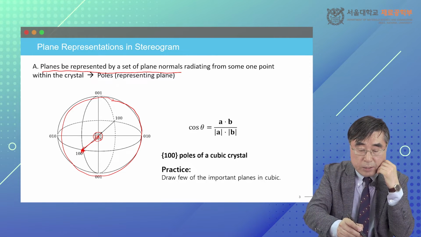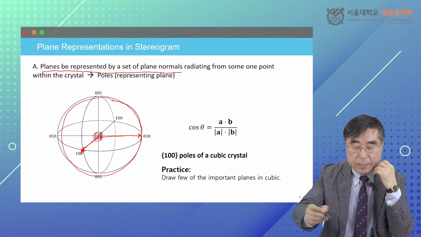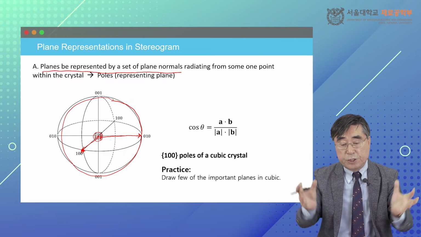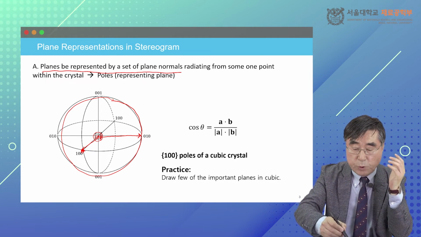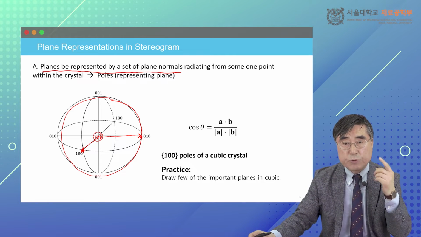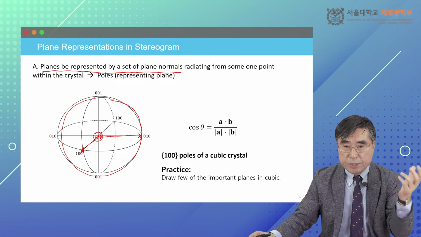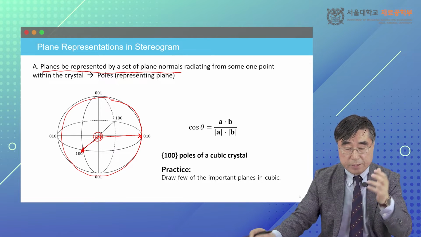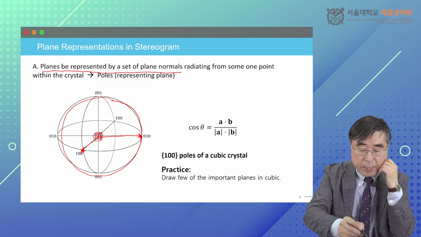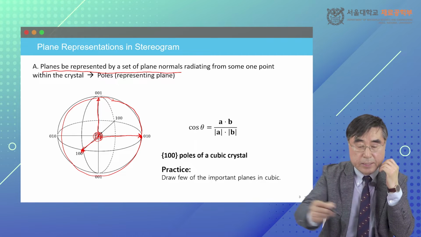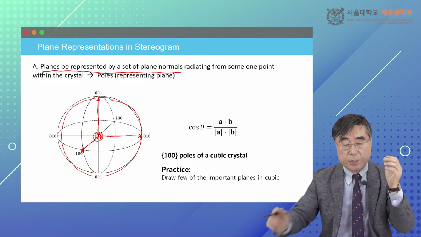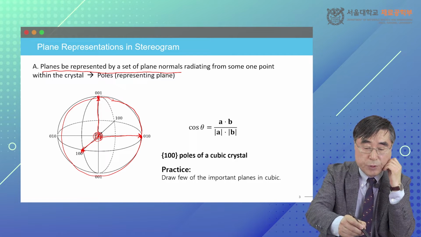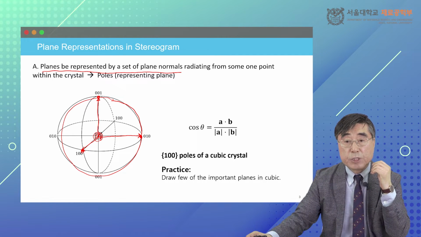And if you draw the 010 plane, then you draw the normal line to that plane, and this emanating line will touch the surface of the sphere at this point, which represents the 010 plane. And if you have the 001 plane, again the same thing. You draw the normal line to the plane, and this line touches the surface of the sphere, and it represents one point, and this is what we call the 001 plane.